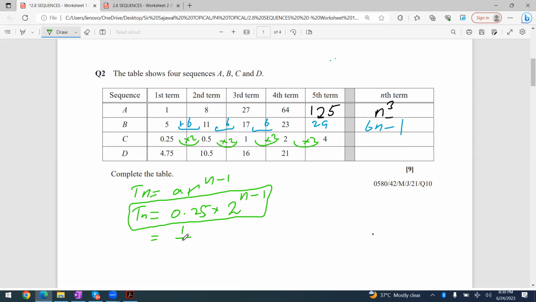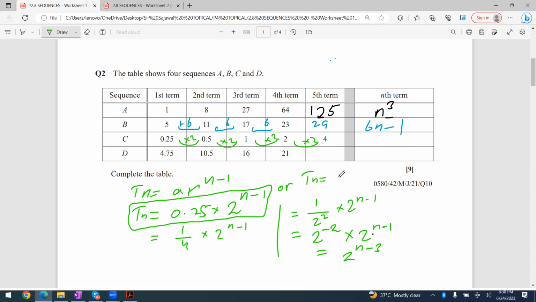It's 1 over 4. 1 over 4 is 1 over 2 squared. 1 over 2 squared, you can move up, change the power to negative, and then you add the powers. So n minus 3. You can also write Tn is equal to 2 raised to power n minus 3. But it is optional. Even the first one is accepted.